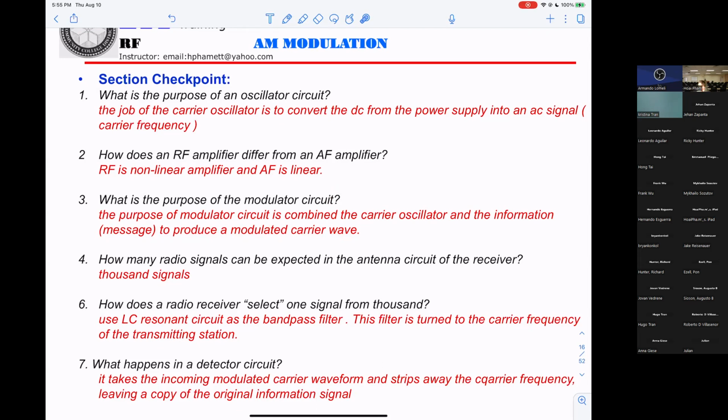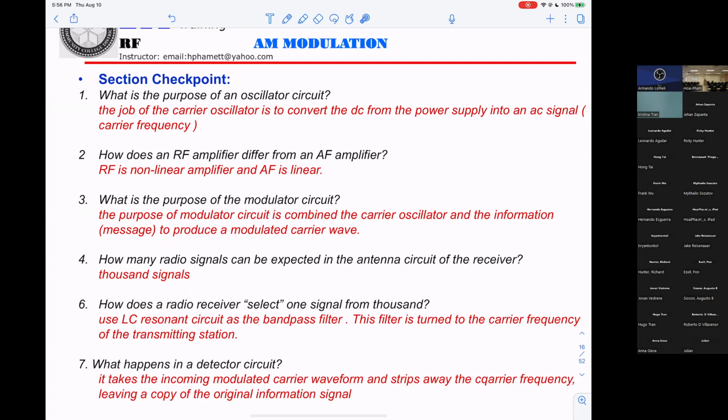How many radio signals can be placed in the antenna circuit of the receiver? That means in your radio, how many signals are ready for your antenna? The answer will be 1,000 signals. Too many signals. Okay? How does a radio receiver select one signal from 1,000?